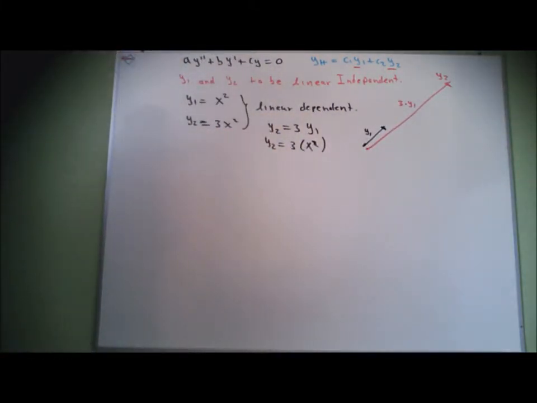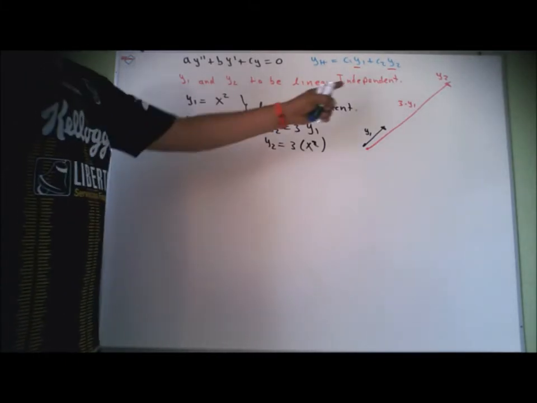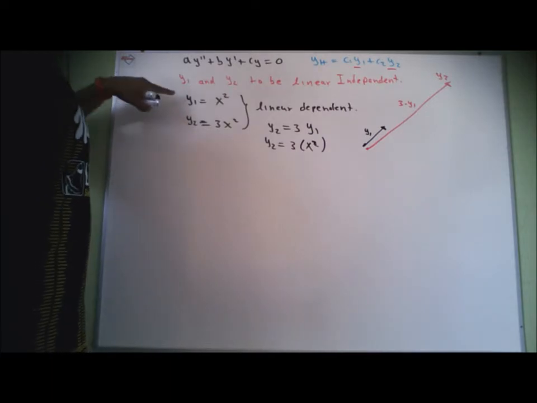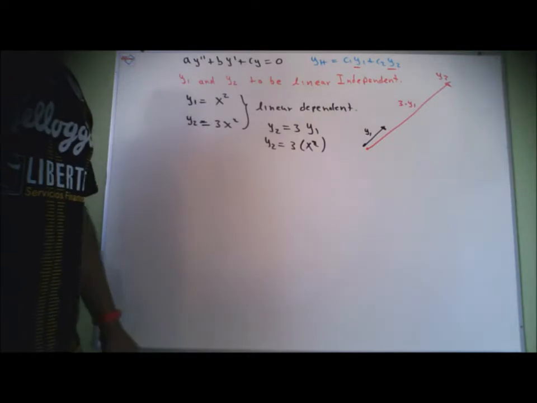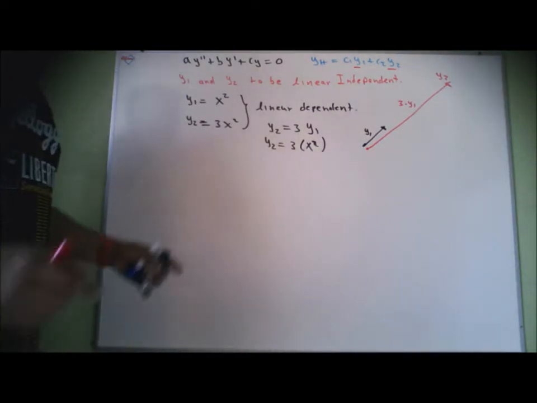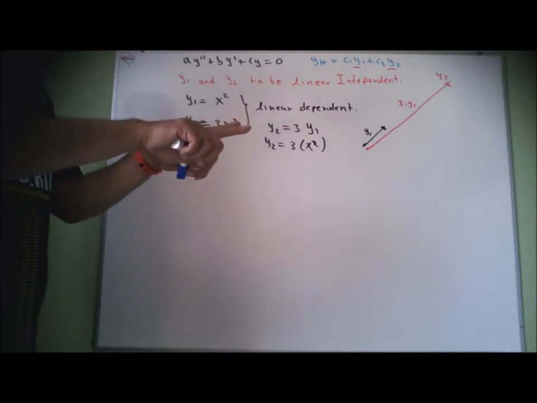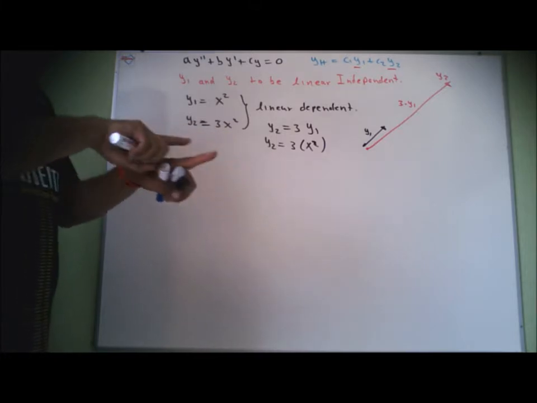So the second solution y2 is not different from my first solution, because they go in the same direction if you think of vectors. They are not in different directions. It is just the same solution.